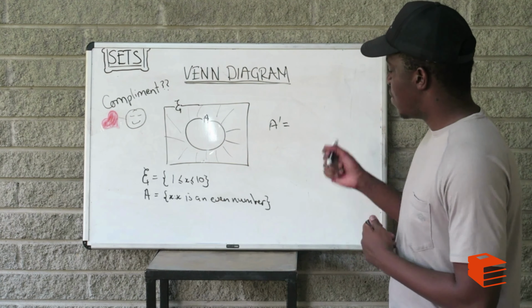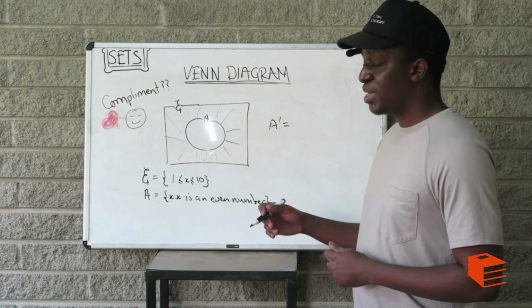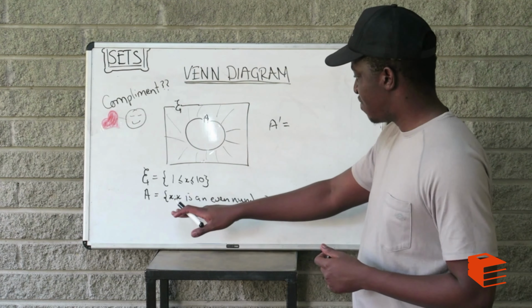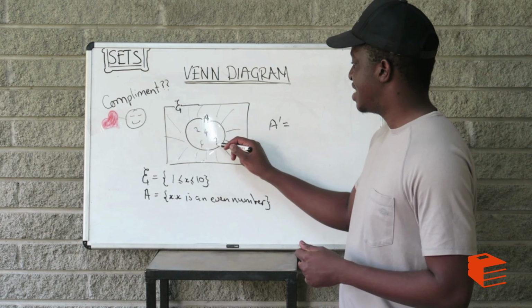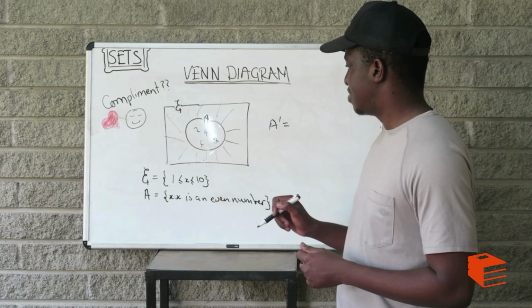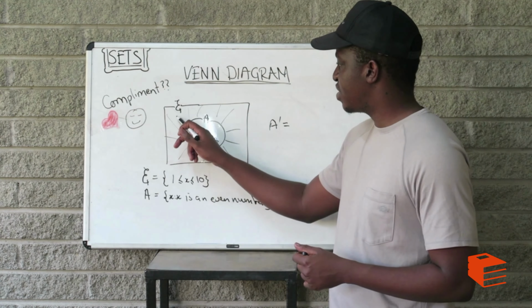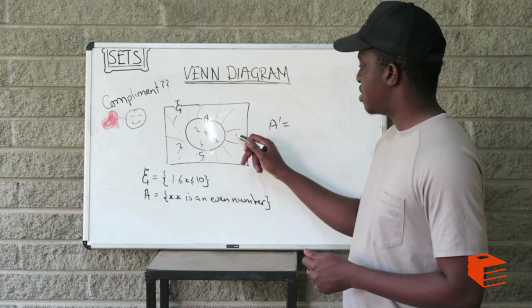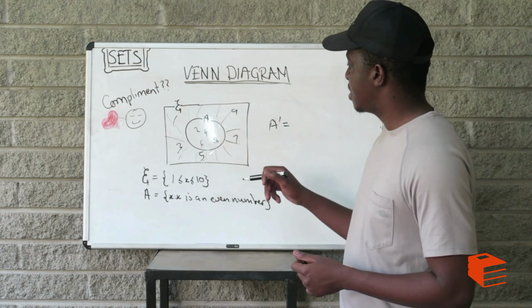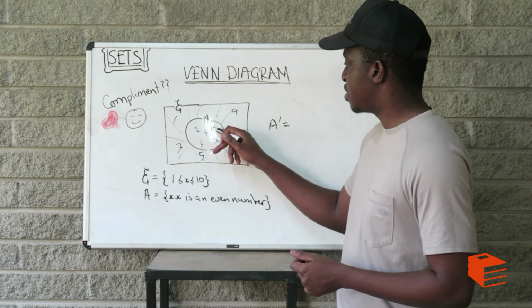Now, when we're talking about a complement in this regard, we're going to put everything that satisfies A in here. 2, 4, 6, 8. And then we leave everything else out. 1, 3, 5, 7, and then 9. And then 10 also goes in here.